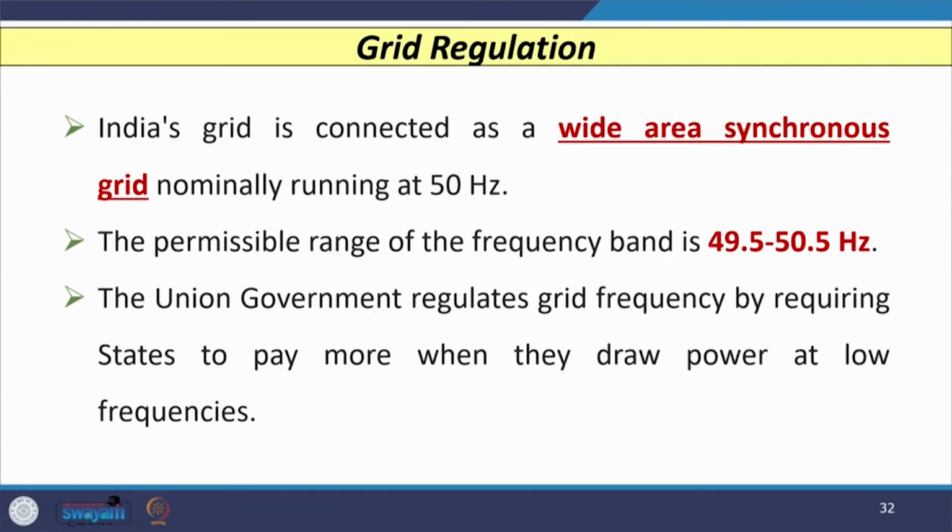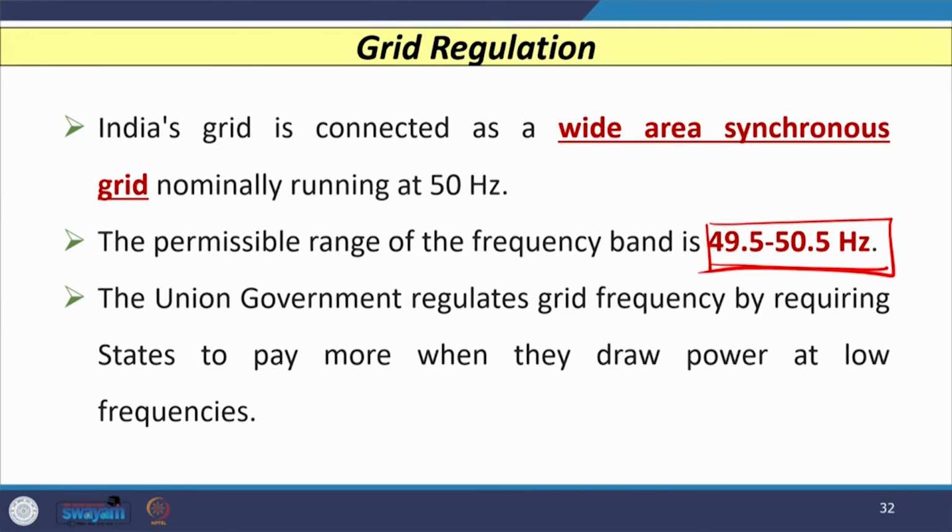The permissible range of frequency for 50 hertz fundamental frequency is 49.5 hertz to 50.5 hertz, and whenever any state government or any state level dispatch center is there, then the central government or union government has given some regulation such that whenever any state draws power at low frequency, then that state has to pay some additional money or penalty, because this range is very important.